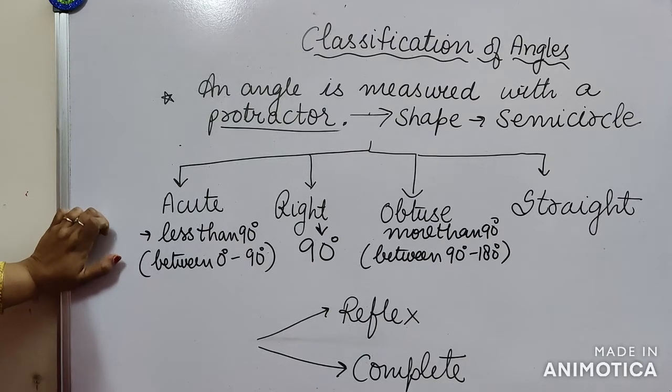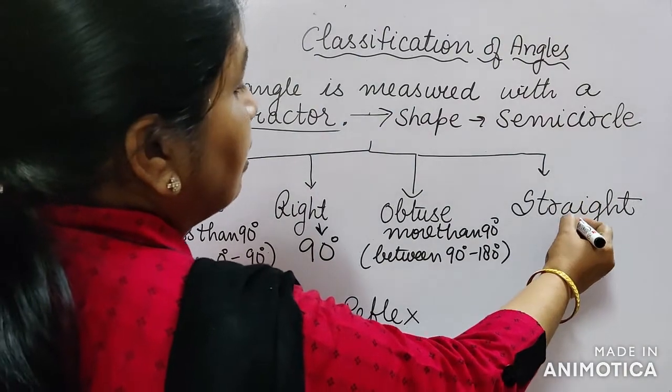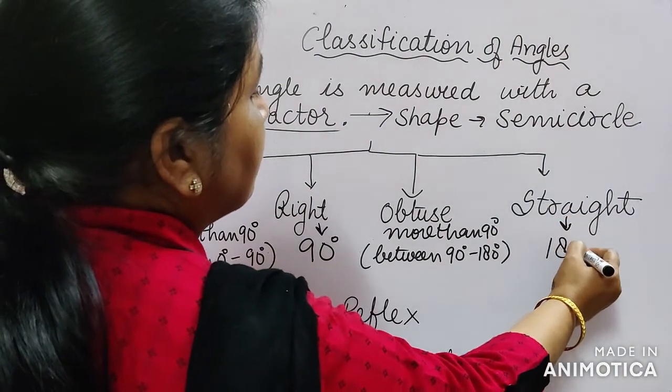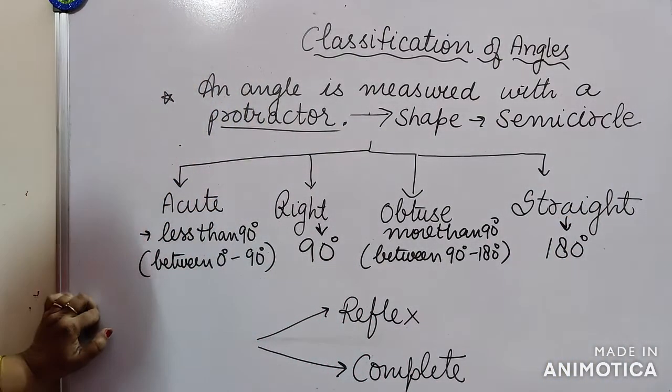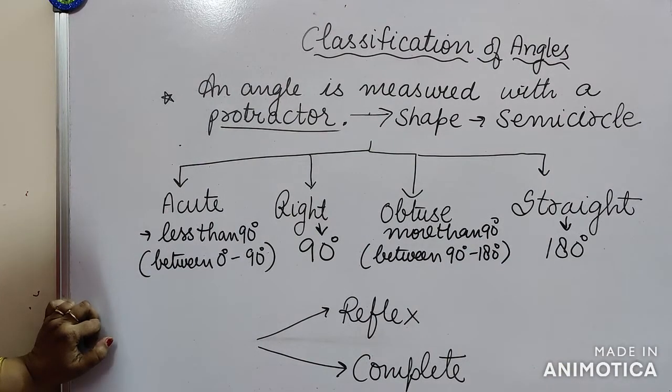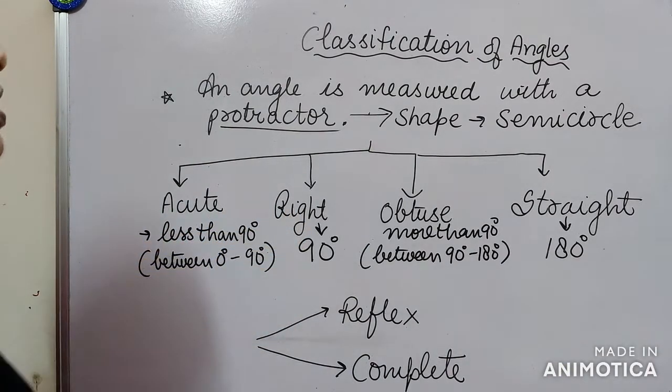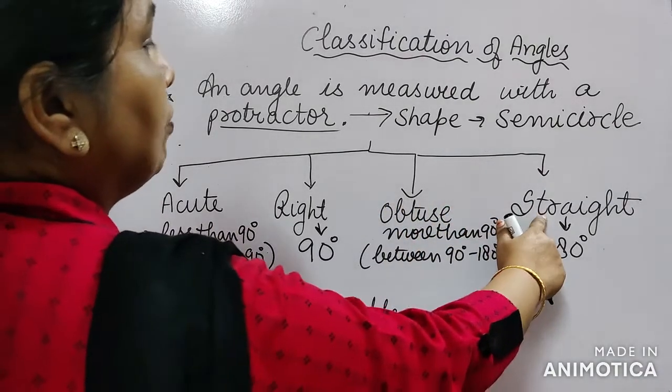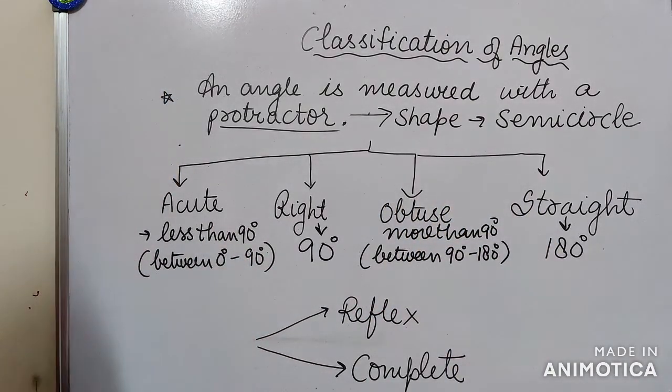When we talk about the straight angle, it means exactly 180 degree angle is called a straight angle, right? So these four types of angles you will have to measure, and I will tell you how to construct these angles with the help of the protractor.